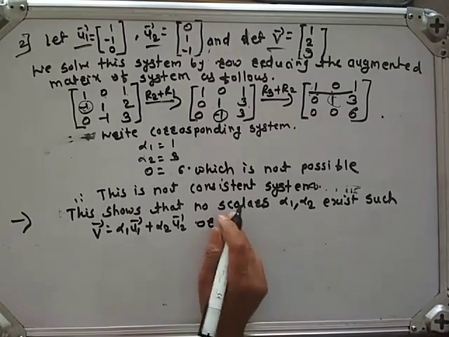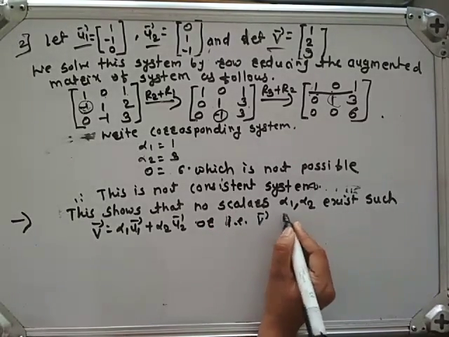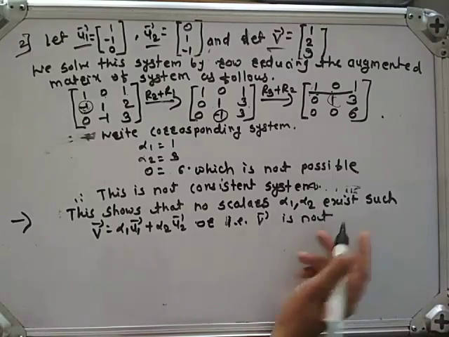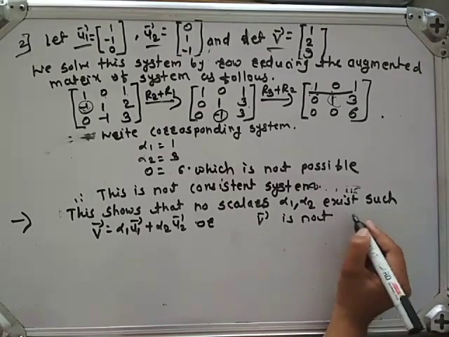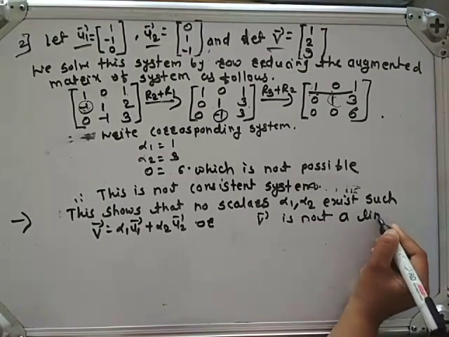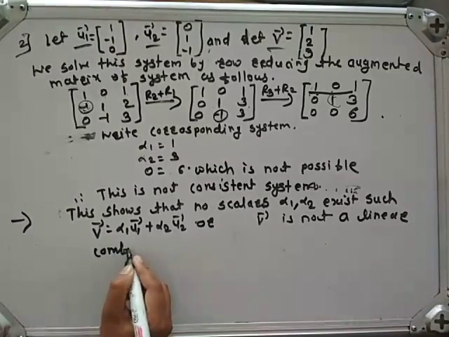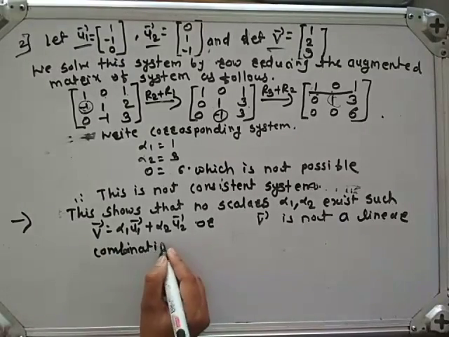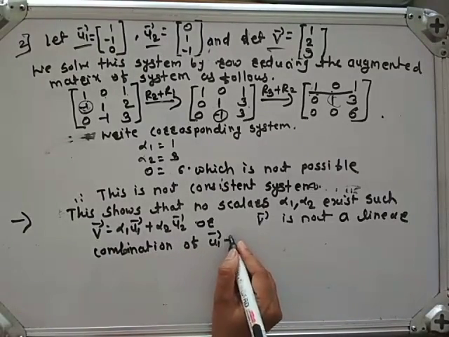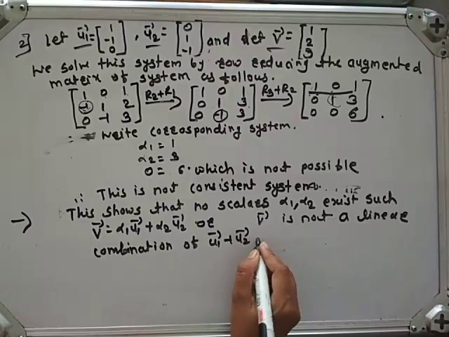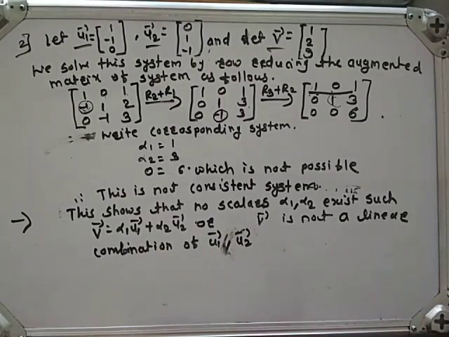That is, V bar is not a linear combination of U1 bar, U2 bar.